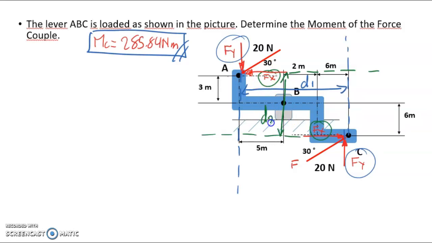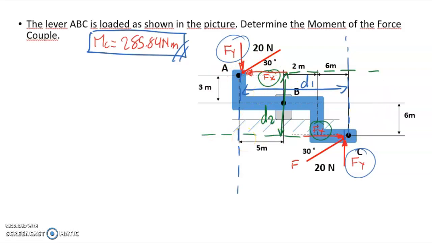That would be called distance 2. So instead of trying to look for a single perpendicular distance to both 20 newton forces, we can decompose them, and we already have the distances between point A and B, and C, sorry, given in terms of meters in X and Y.